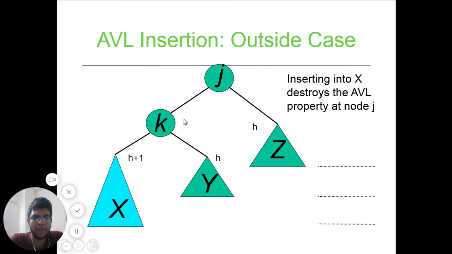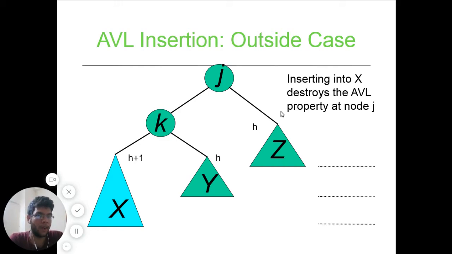If we calculate the balance factor at node K, it's h plus 1 minus h, which is equal to 1. No problem. But the balance factor at node J is h plus 2 minus h, which is equal to 2. So this is causing an alarm for the AVL tree invariant, which is now getting destroyed.